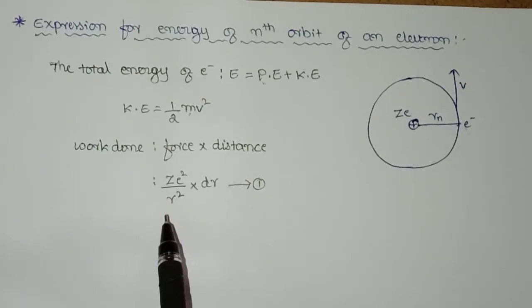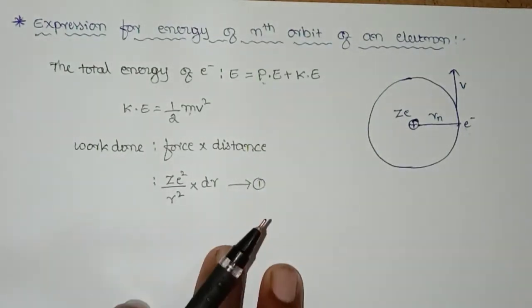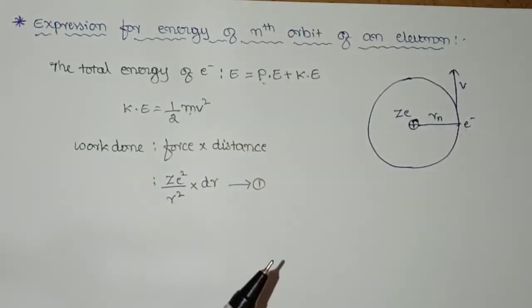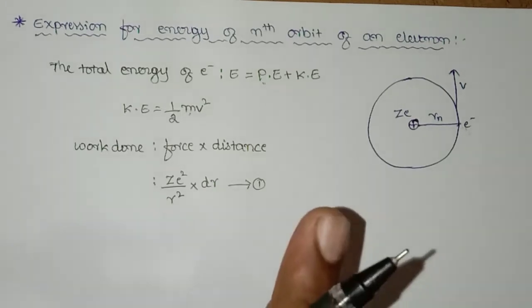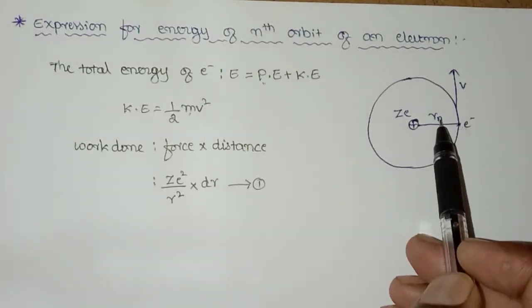But here, as we said, the potential energy of the electron should be calculated. When the electron is at infinite distance, the potential energy will be 0. But here we need to calculate the potential energy of the electron at a distance r.